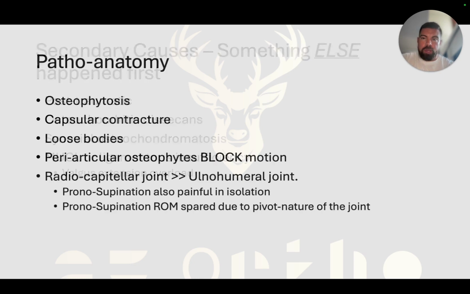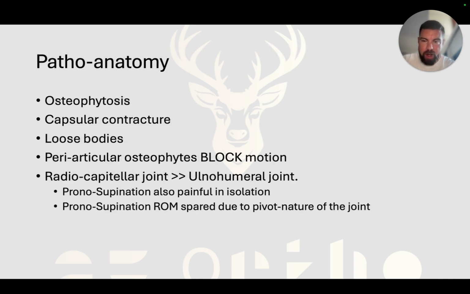Now, if you're considering the pathoanatomy of secondary OA of the elbow and post-traumatic, you will get very similar concepts to what you see in other joints. You'll get the osteophytosis, you'll get the contracture of the capsule, you'll get loose bodies, you'll get osteophytes around the articular surface that block motion, and then you have to remember that this affects the radiocapitellar joint far more than the ulnohumeral joint with regards to the actual loss of articular cartilage.